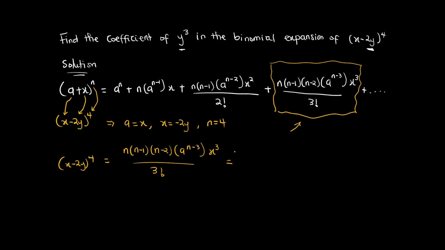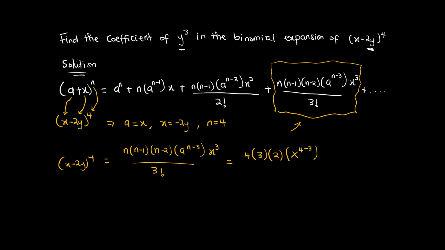And this will be equal to, our n is 4. The 4 minus 1 will give us 3. The 4 minus 2 will give us 2. Then our a, in this case, is x. So we have x raised to the power, the n over here is 4, so 4 minus 3.